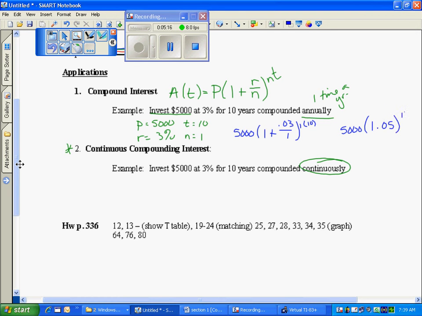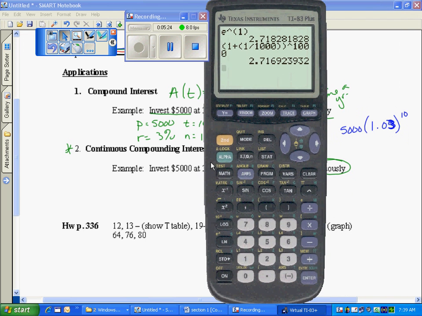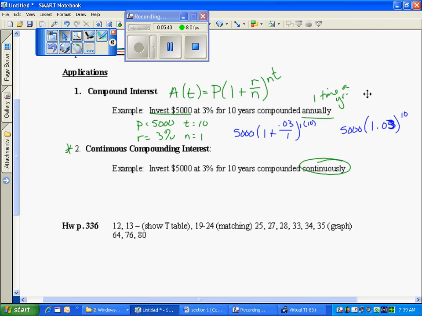But as I look here, I can see that 1 plus 0.03 is 1.03. So on my calculator, and you don't need a graphing calculator for this, you're going to type in 5,000, parentheses, 1.03. This is my decimal there. And I'm going to raise it to the 10th power. And it looks like the amount I'll get out of that is 6,719.58. So it's just using that formula.